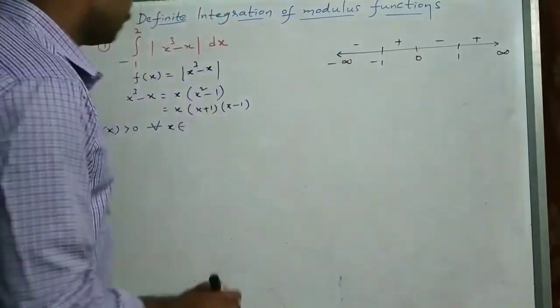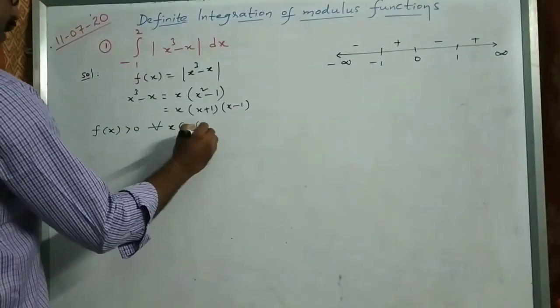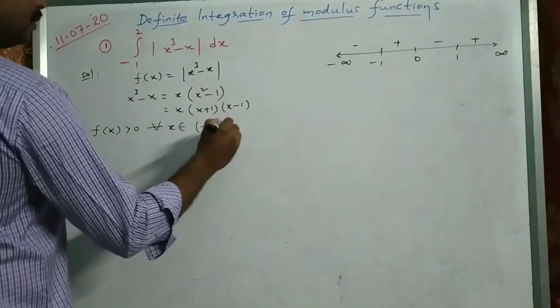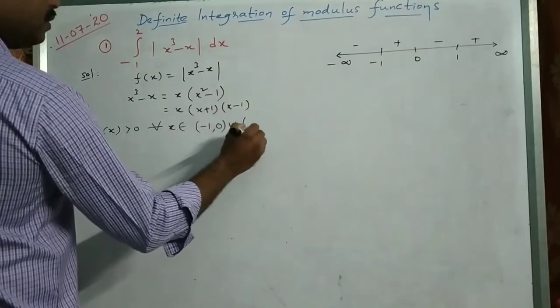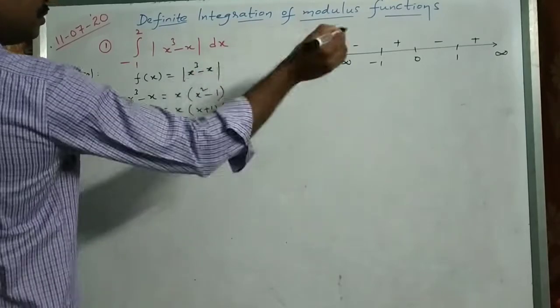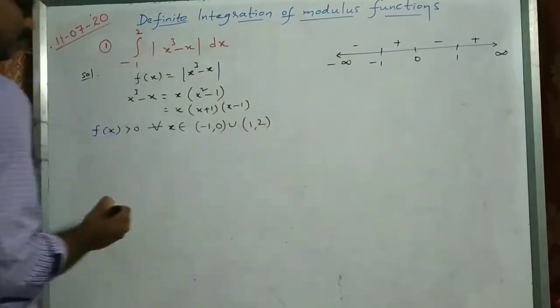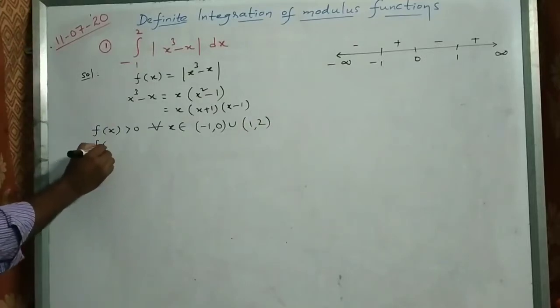Minus 1 to 0, open interval, union 1 to, last number is what? Limit here 2. So 1 to 2.